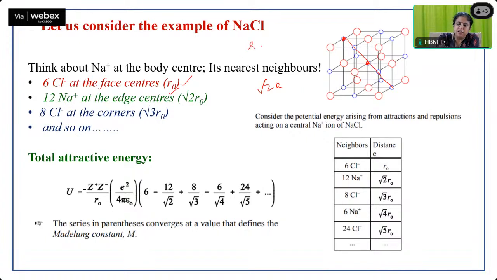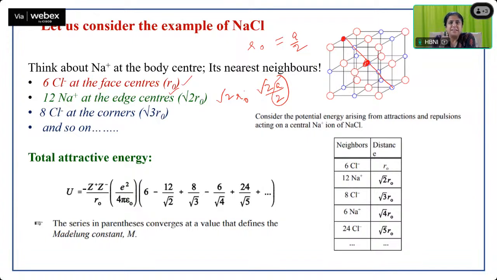Because I defined R naught as the distance between two ions, R naught is a by 2. So the distance between this Na and this Na is half of the face diagonal, and a by 2 is my R naught. So it is root 2 R naught.